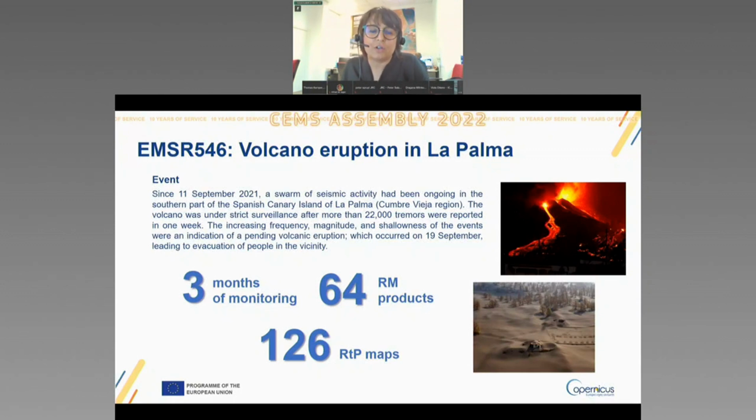It was also an example of great cooperation with the user, who supported us during the whole activation, providing relevant information from the field and updating us on the needs in the different phases of the emergency. Indeed, the requests of the user at the beginning of the event were completely different with respect to the final monitoring that we delivered in the final phase of the emergency.